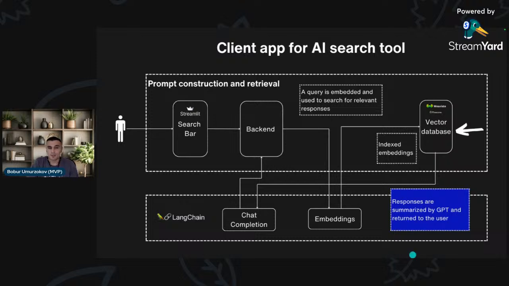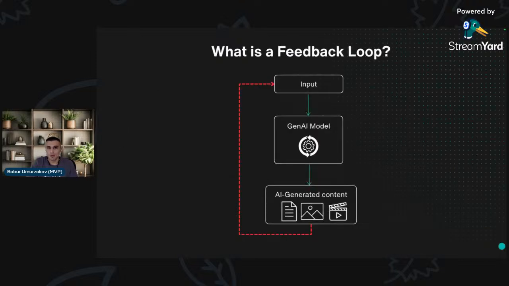Next, once we understand the RAG architecture and how that works, we can turn our attention to the feedback loops. As you can see, GenAI, or RAG, because the RAG is also part of GenAI, primarily operates in a one-way direction, generating content based on the input data we provide.